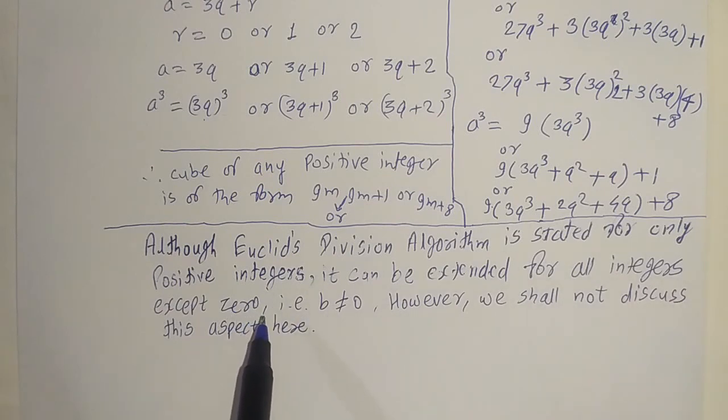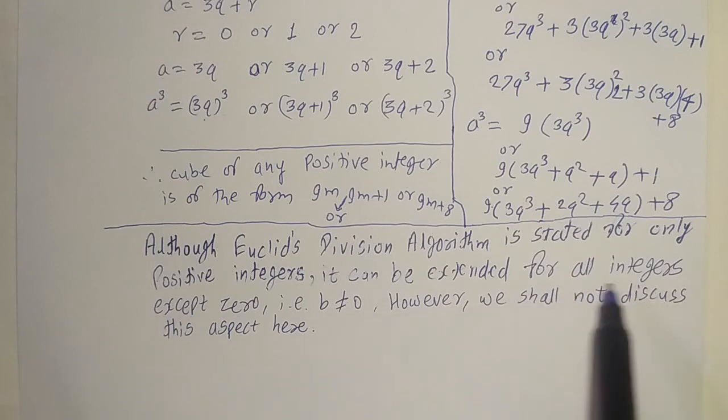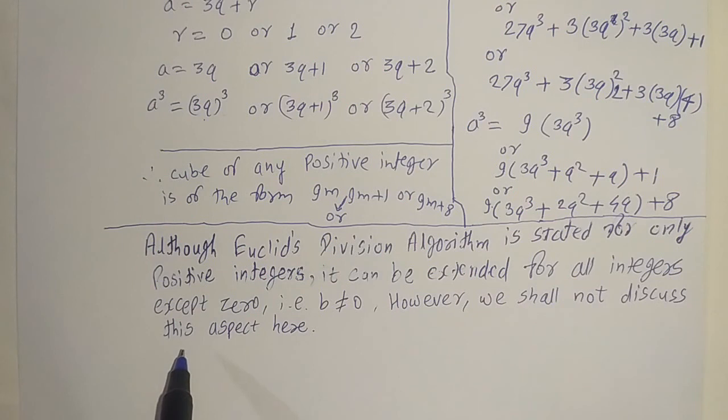In every problem we have assumed that a is any positive integer, but it can be extended for all integers except 0.